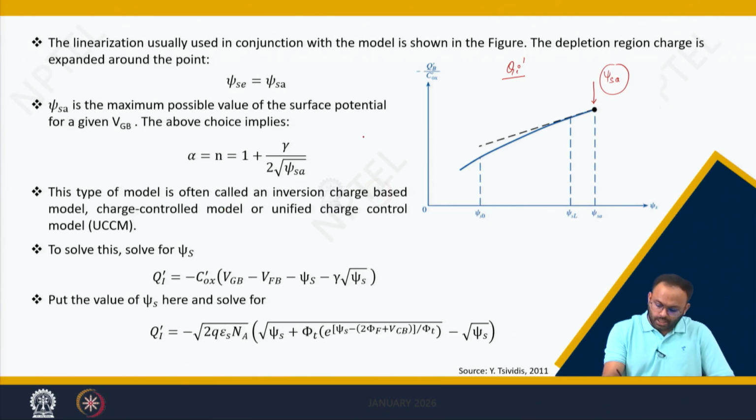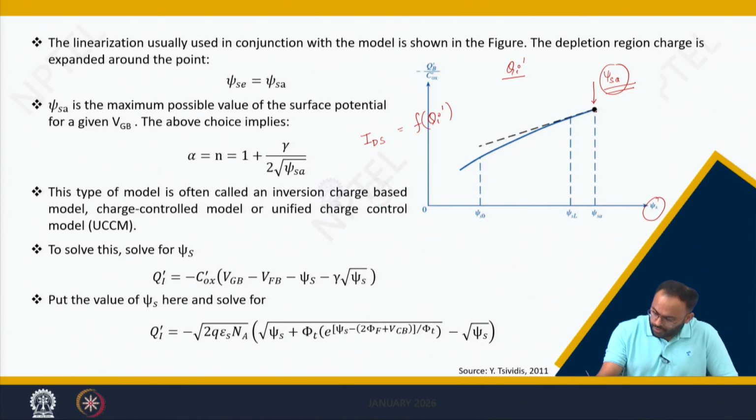So ultimately the goal is to develop an equation of current which is only a function of inversion charge, but ultimately the inversion charge is a function of psi s. So we need to linearize this function around some point. For the sake of simplicity, we are choosing psi sa as the linearization point, right?